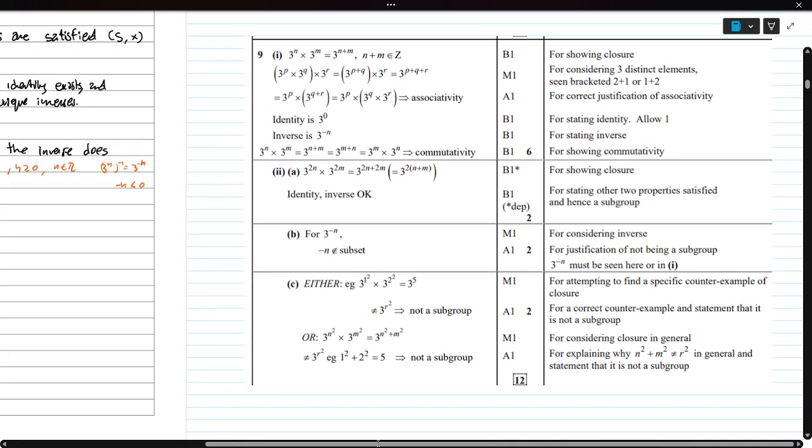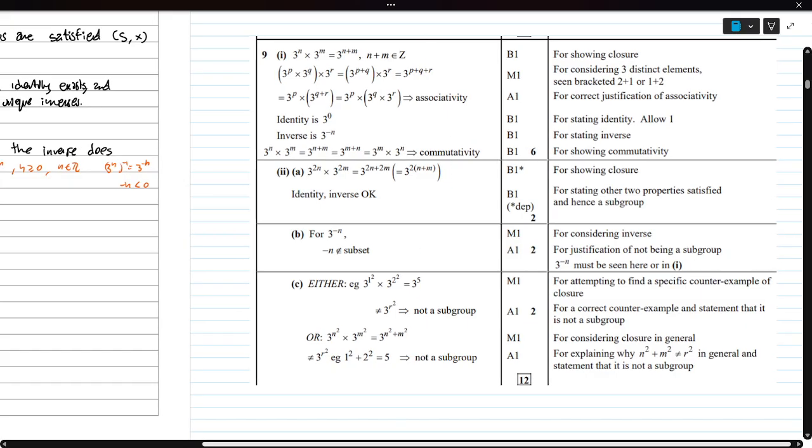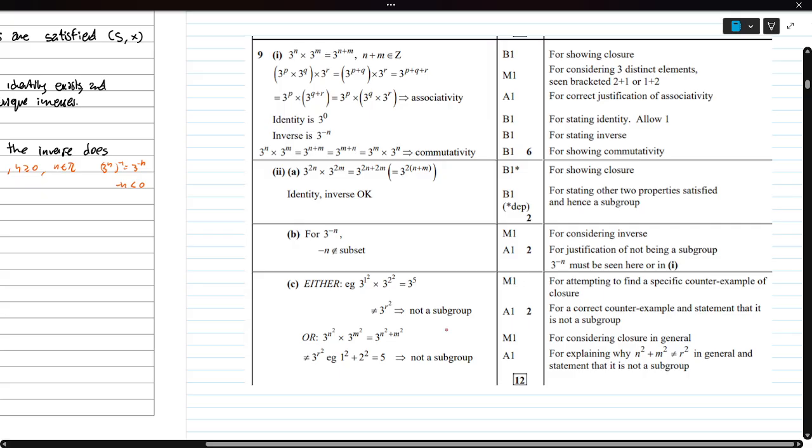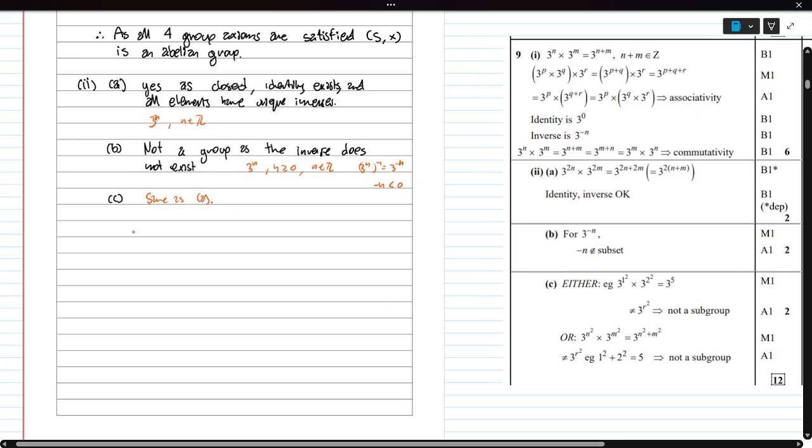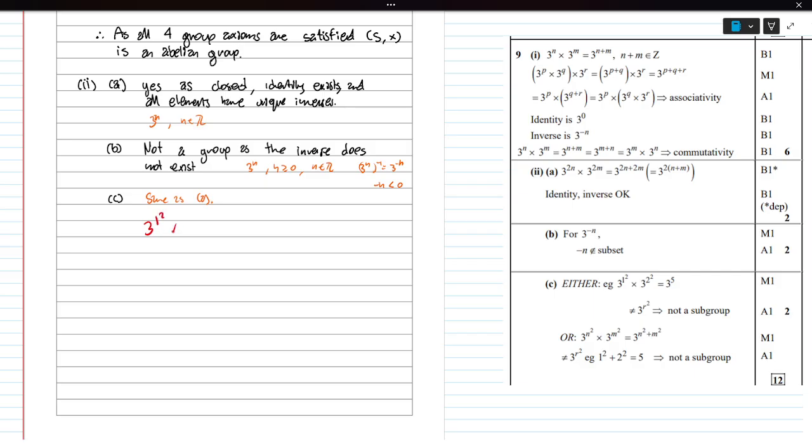Yes, so B isn't a group. Okay, so C is not a group. Why? Because it's not closed. Oh right. Oh yeah, because yes. So that's a good counterexample. I did not think of that. 3 to the 2 times 3 to the 3 is 3 to the 5, which is not in the form of n squared.